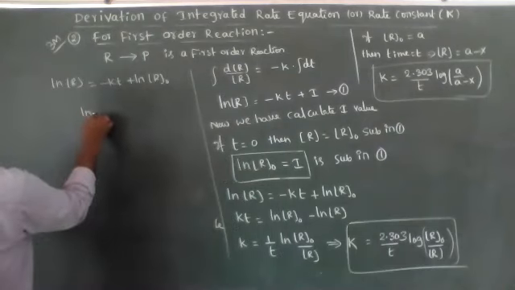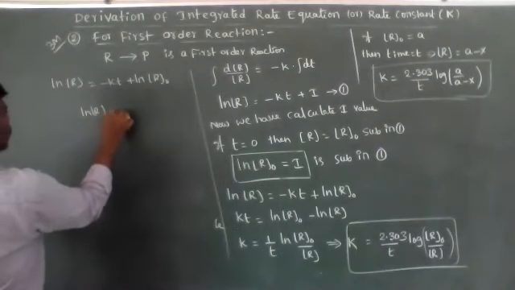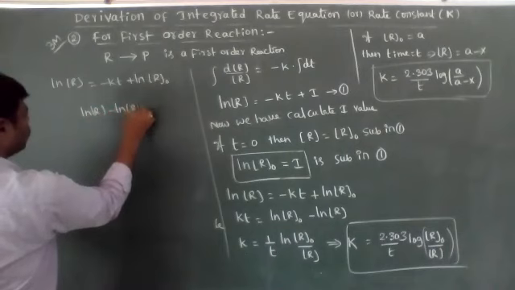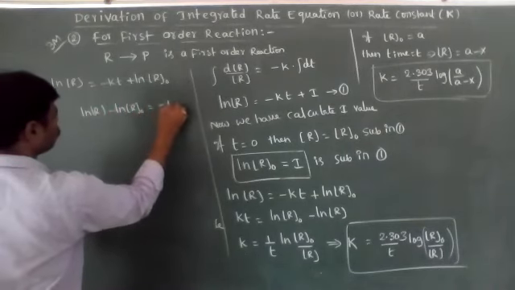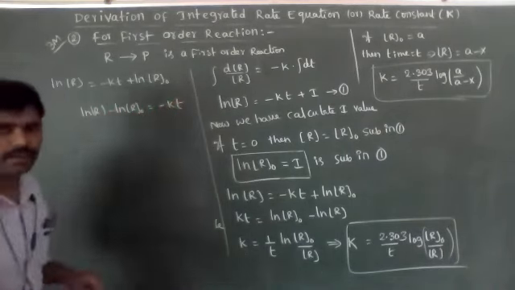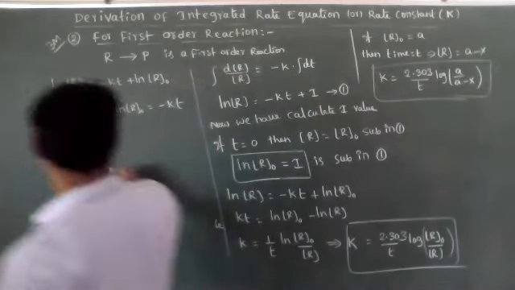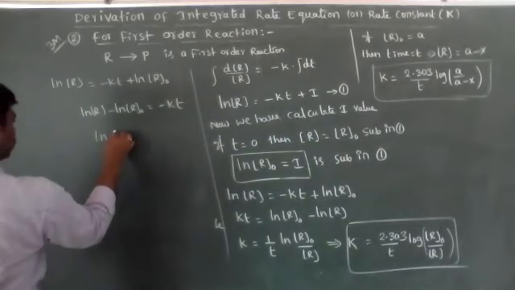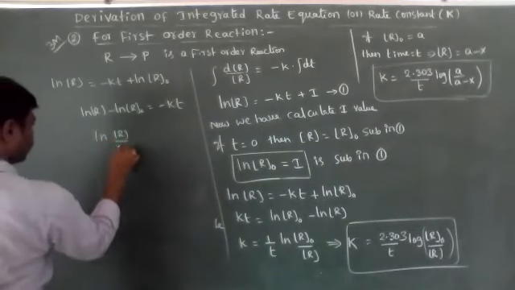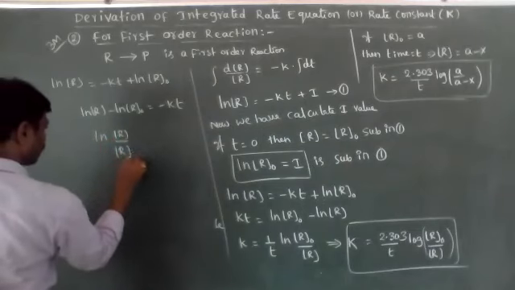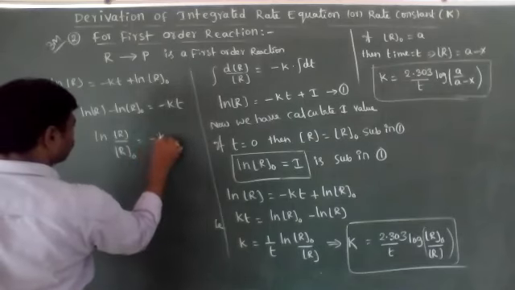So ln R minus ln R naught equals minus kt. Log A minus log B is nothing but log A by B, so ln of R by R naught equals minus kt.